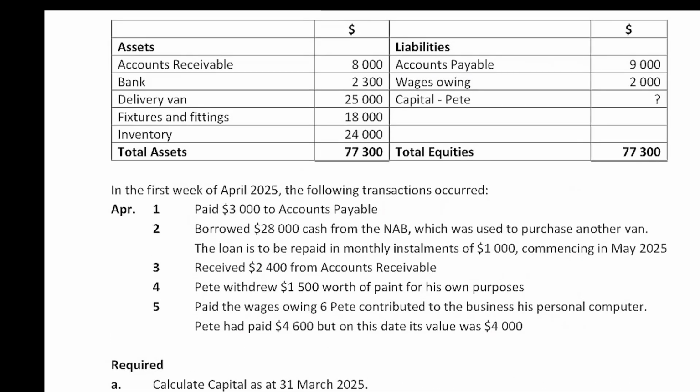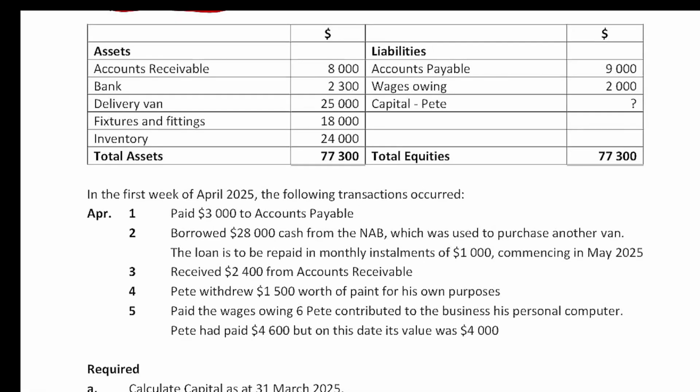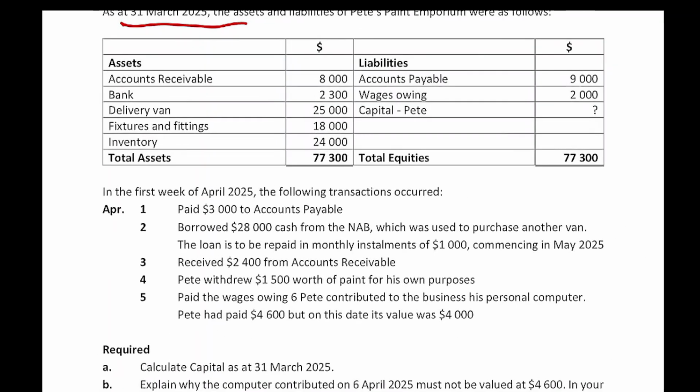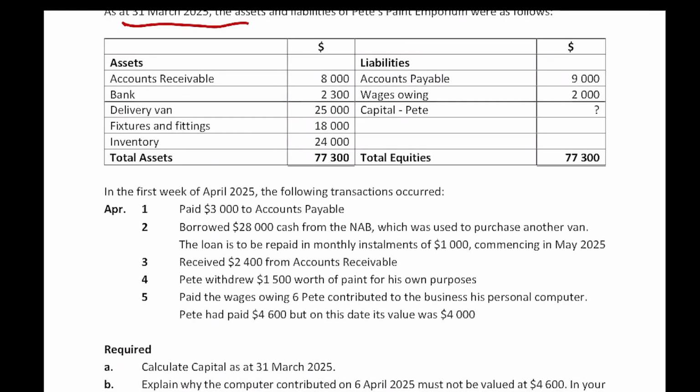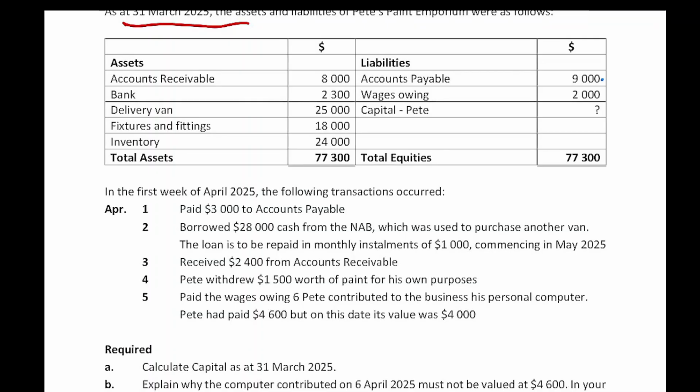Now you know what I would do. Coming back to this one: our accounts payable decreased by 3,000.